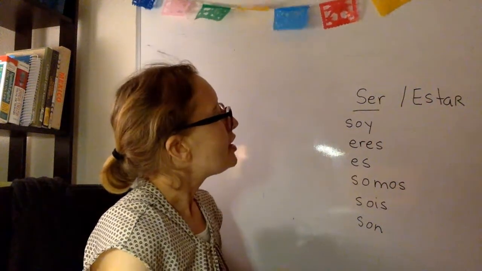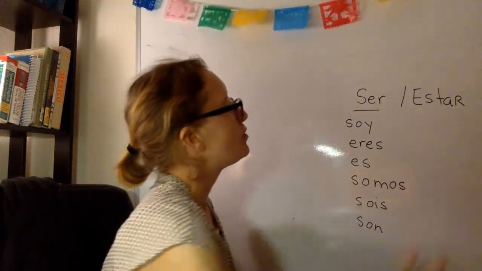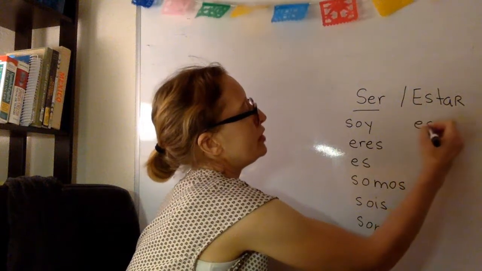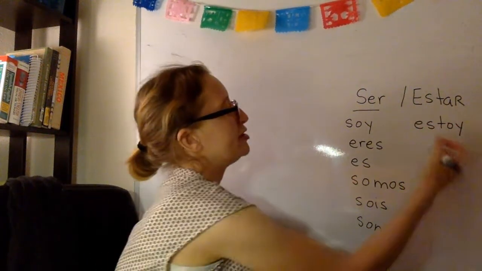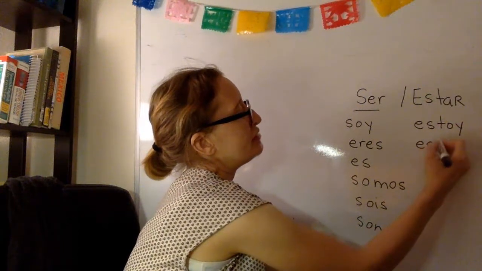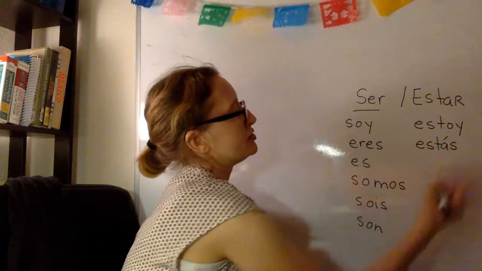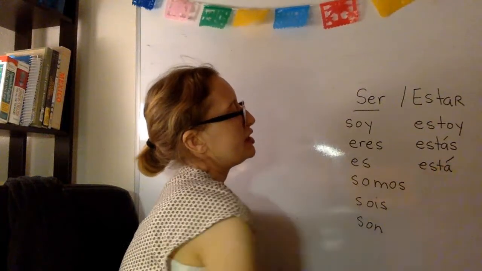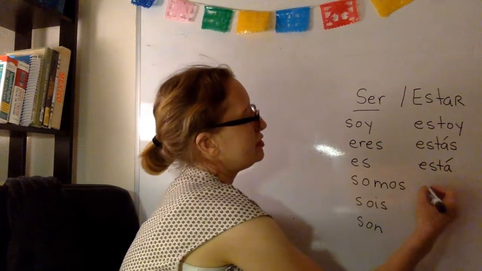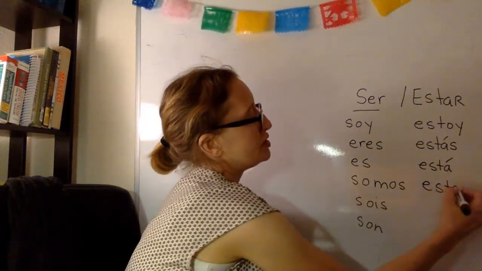Okay, and estar is somewhat irregular. We have estoy. That doesn't follow the regular pattern. Then we have estás with an accent mark. Then we have está with an accent mark. And then we have estamos.